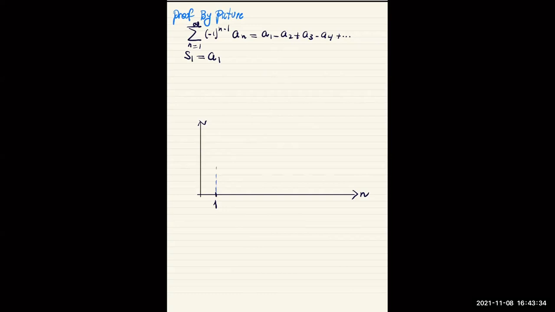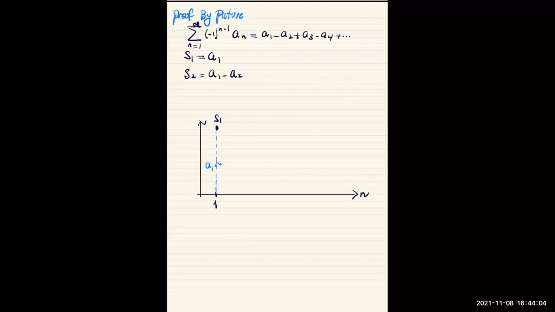This distance is A1, and S1 would be right here. Now S sub 2 is equal to A1 minus A2. It's the sum of the first two terms.